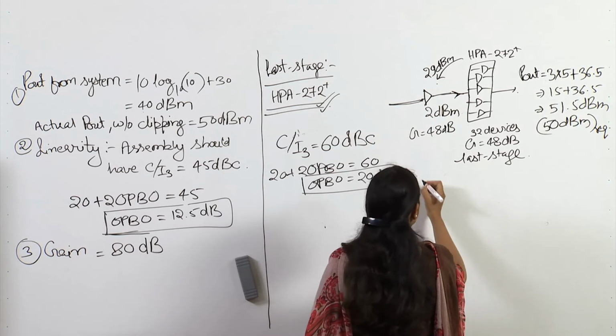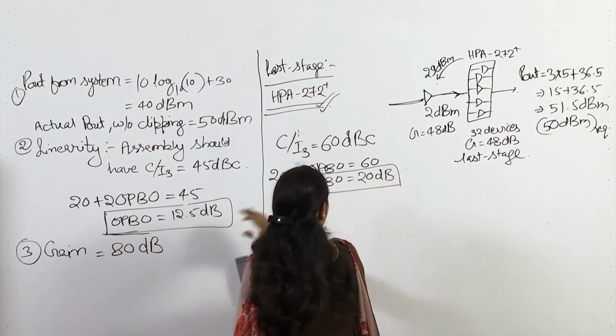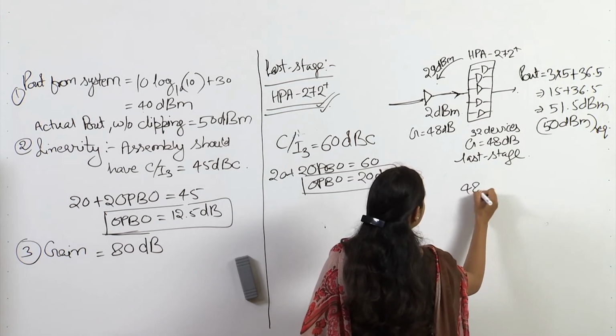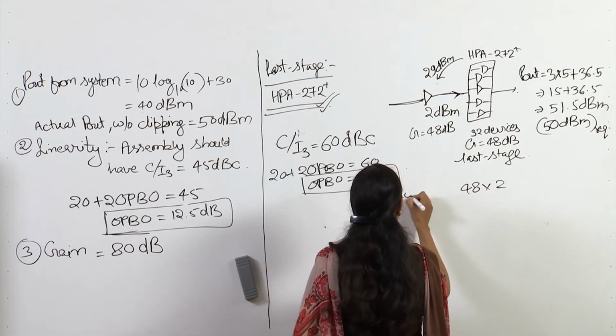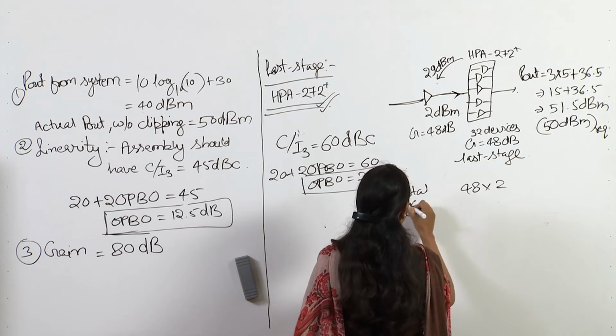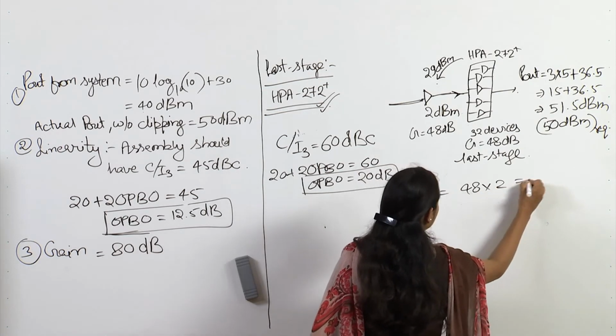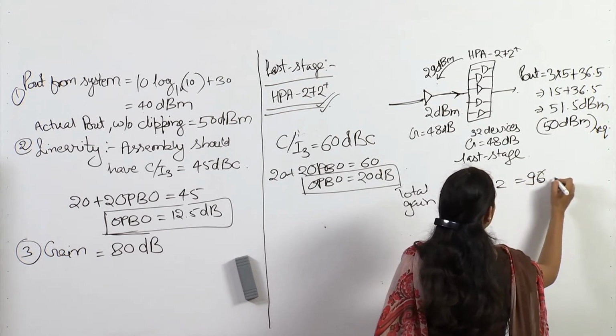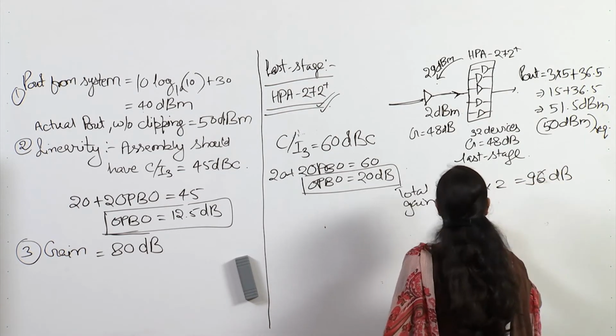So, for this one, what will be our total gain? Total gain will be the summation of these two gains. It will be 48 into 2, total gain 96 dB.